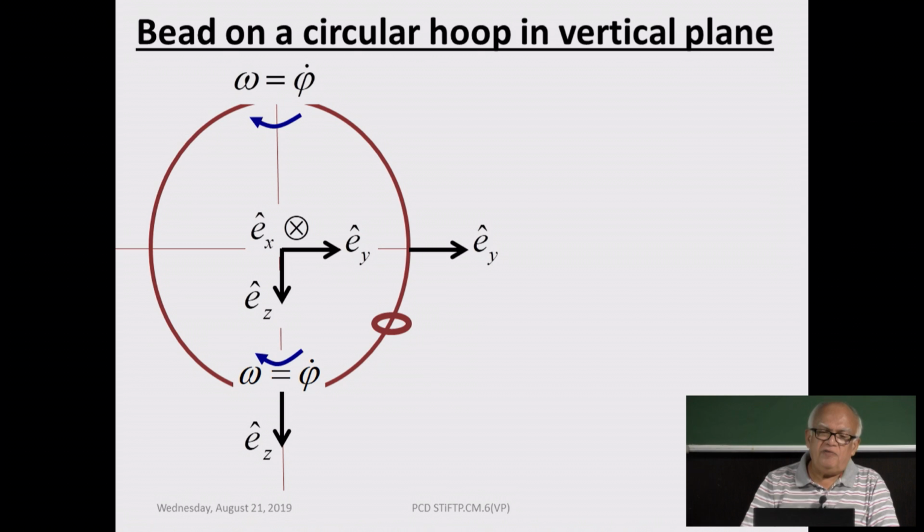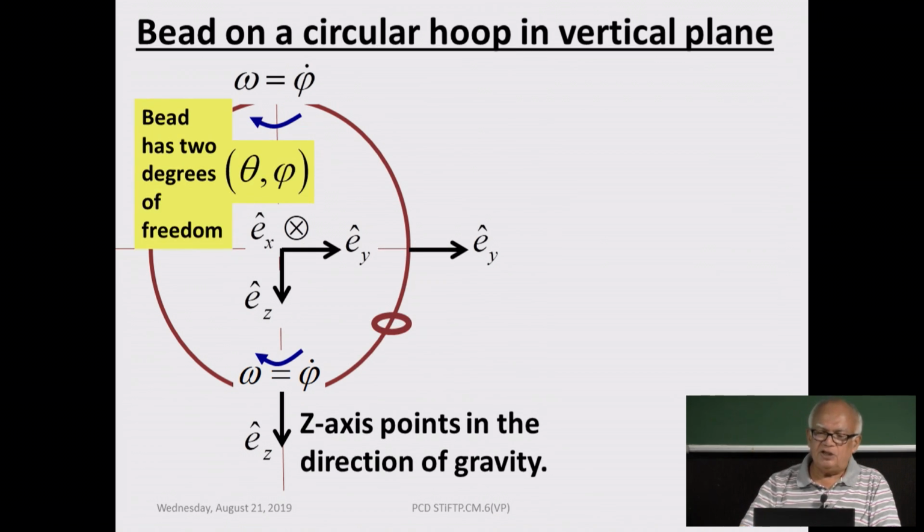So we consider a frame of reference in which the x-axis is into the plane of the circle, all right, and the y-axis is in one direction and the z-axis is pointing in the direction of gravity.